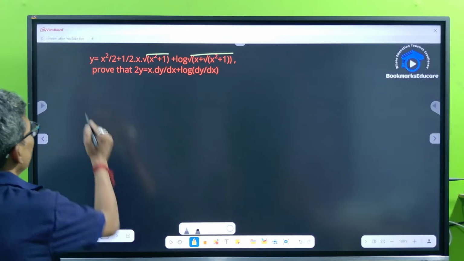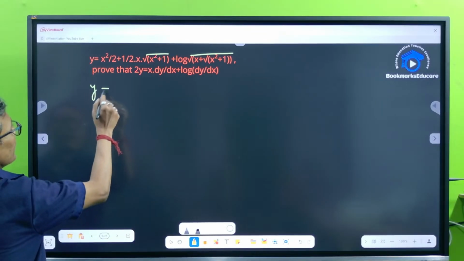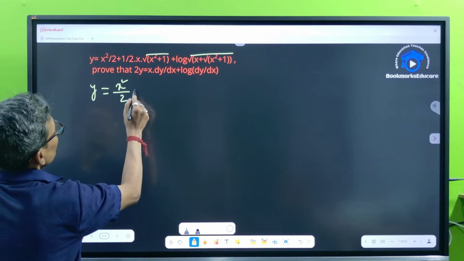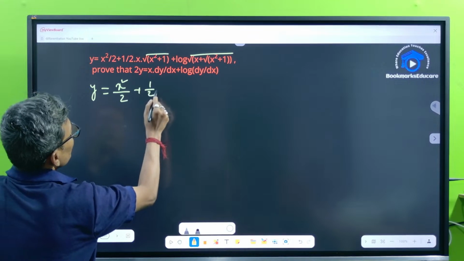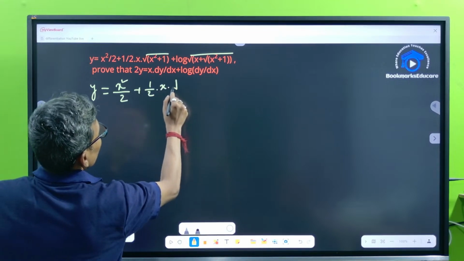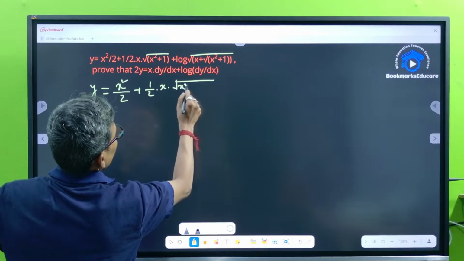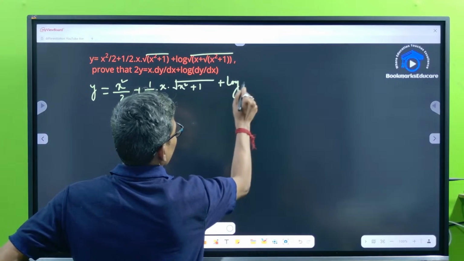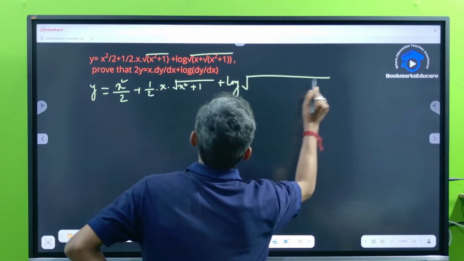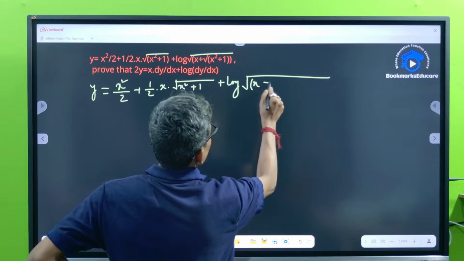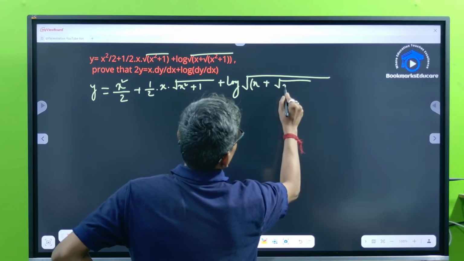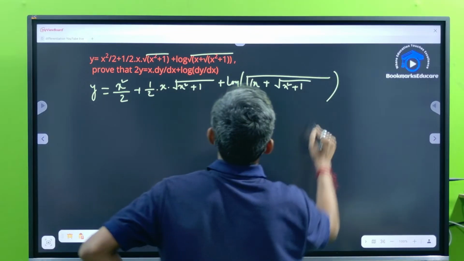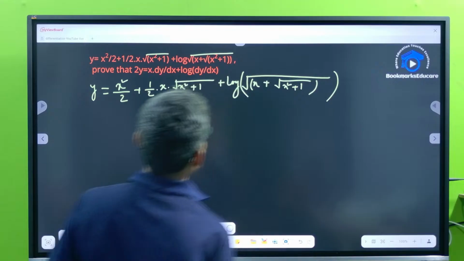So first of all we write the sum: x square by 2 plus half into x into root over of x square plus 1 plus log of root over of x plus root over of x square plus 1. Okay.